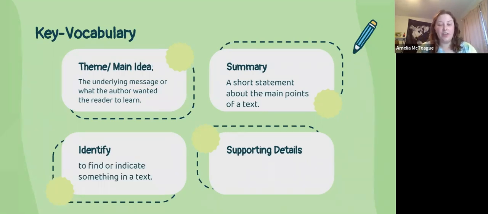Supporting details are the information that provide clarity or prove that theme in the text. So when we are looking for the theme in a text, we're going to use supporting details to prove our point, with help from that word identify to show our explanation.